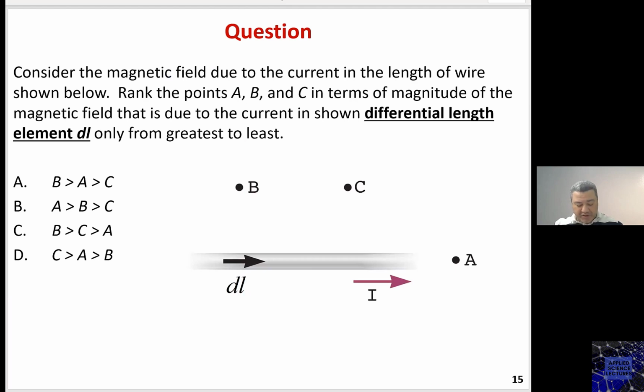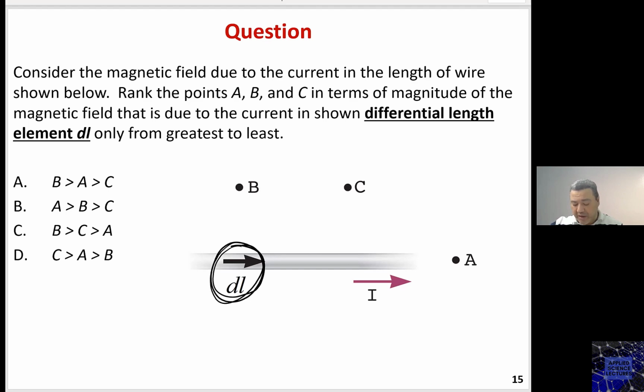Now let's look at this question. In this question, we have the magnetic field due to a current in the length of wire shown. So we're only looking at this element, only the magnetic field due to this dl. This is a small infinitesimal element, this differential length. We need to rank the points A, B, and C in terms of the magnitude of the magnetic field due to the current in this location only.